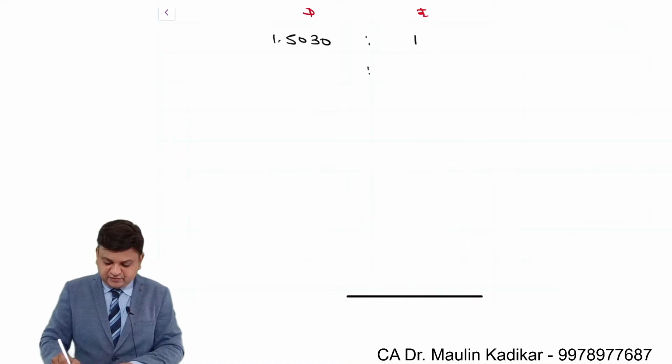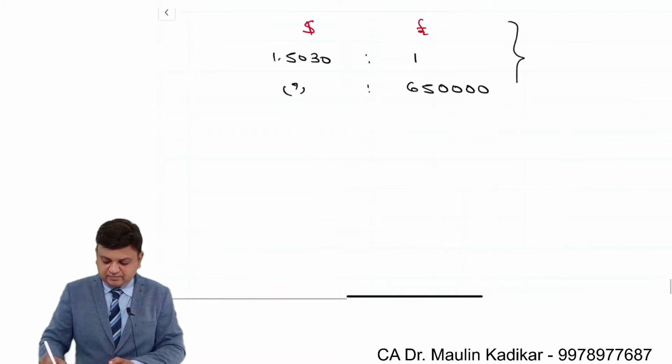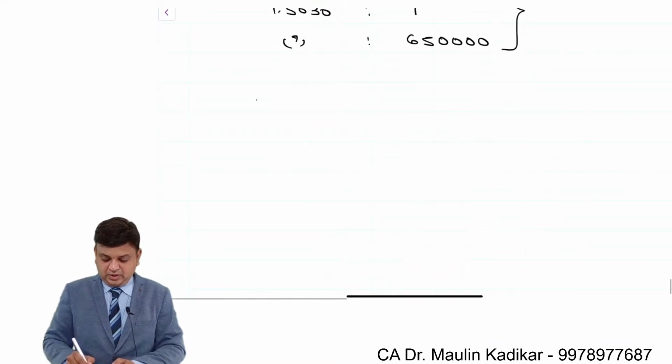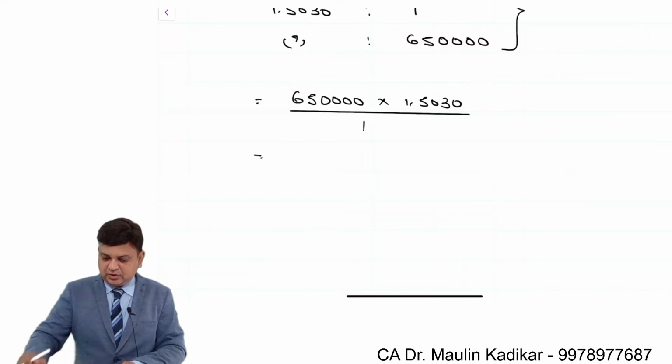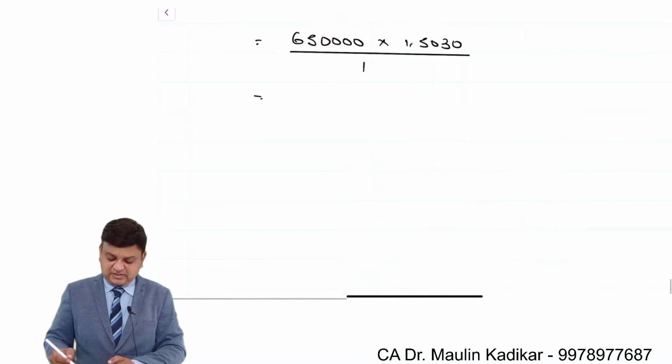So we understand that for purchasing 6,50,000 pound, you have to sell this amount of dollar. So what will happen? 6,50,000 into 1.5030, divided by 1 does not make any sense. So 6,50,000 into 1.5030, so 976,950.